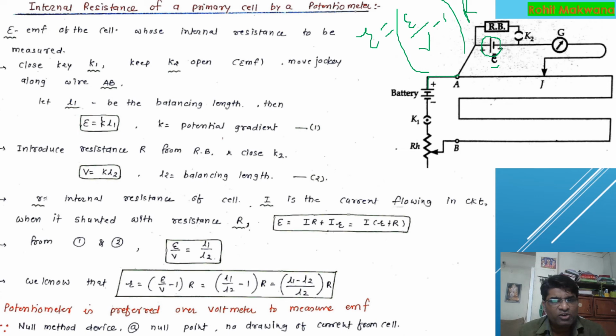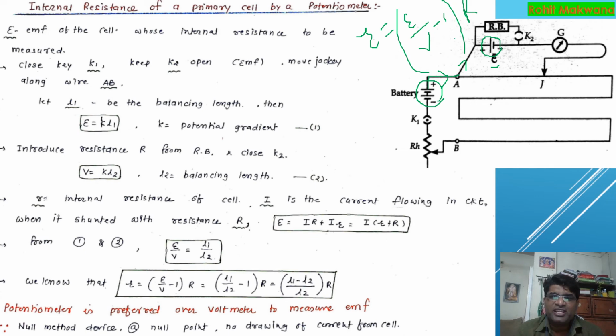But as I have told you earlier, that is not the scenario. That is never going to happen, because we are keeping the auxiliary battery EMF always greater than this. So current will be flowing in this direction, with the help of this battery. Got it? Good.